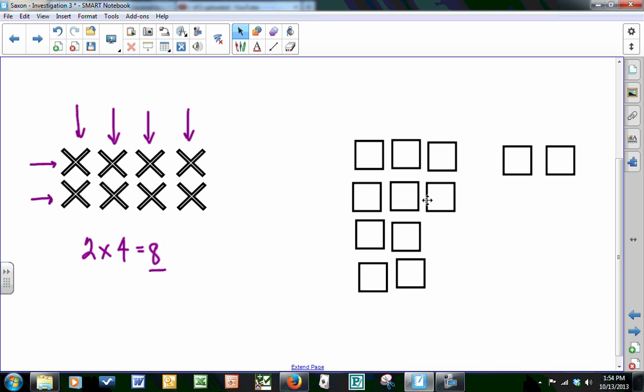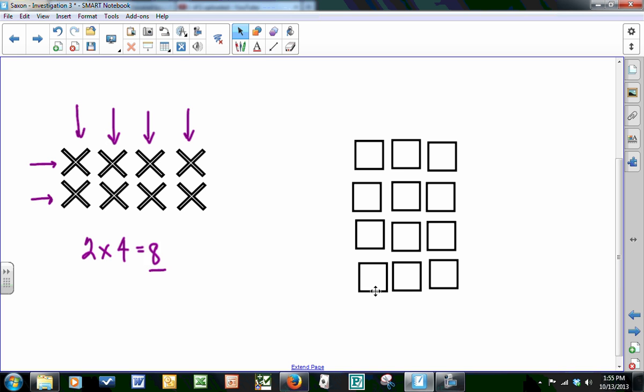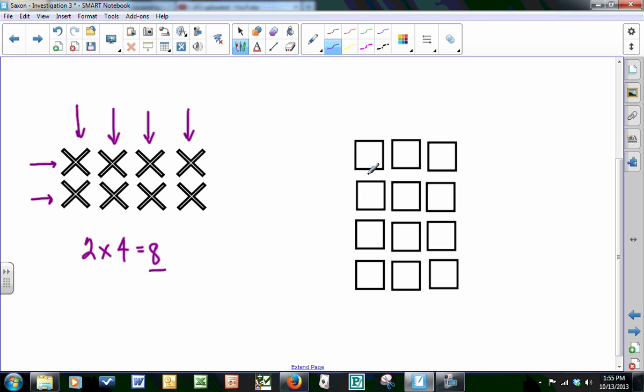Let me straighten this out. There you go. Notice I have the same number in each row and the same number in each column. That's very important. It's not an array if it's not perfectly equal with the same number in each row and the same number in each column.